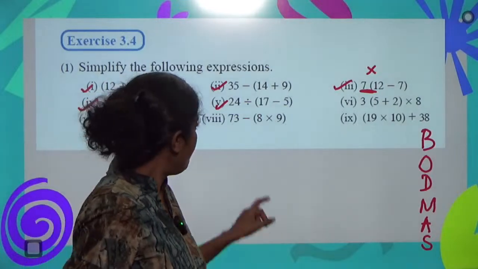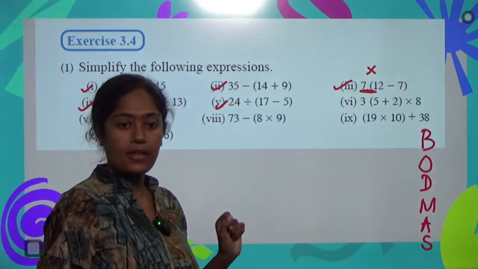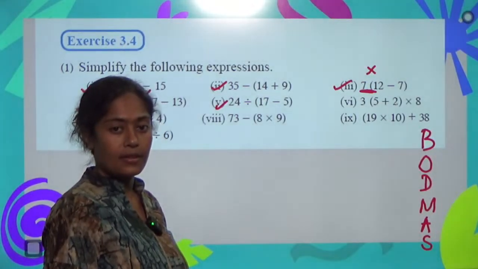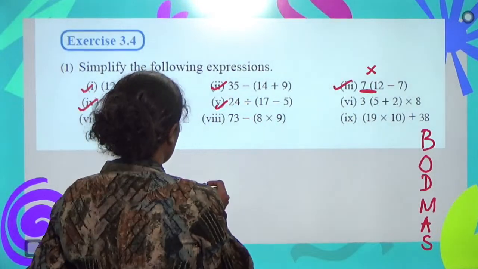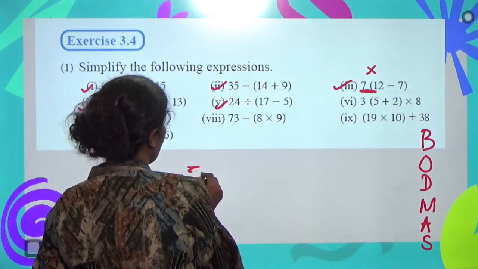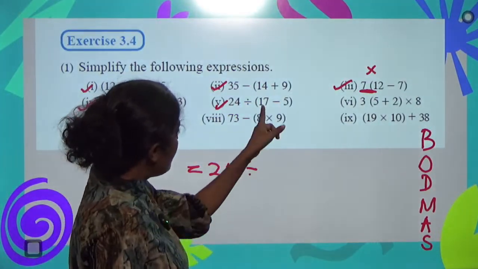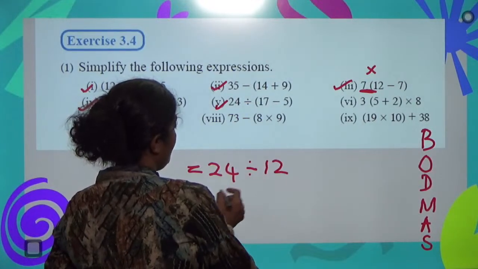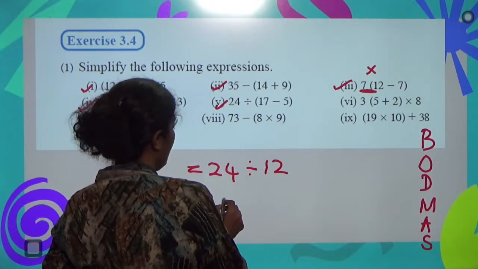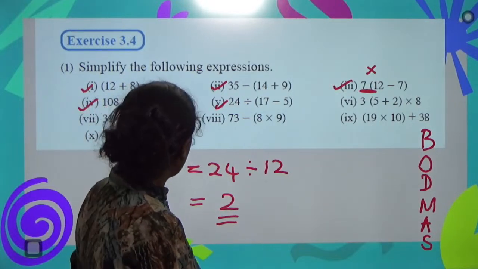We have brackets, then division. First we have to simplify the things we have in brackets. Then 24 divided by 17 minus 5. What is the answer? 12. Then 24 you have to divide by 12, the answer is 2. Very easy question, right?